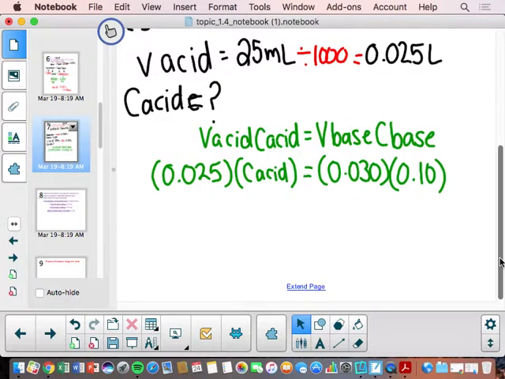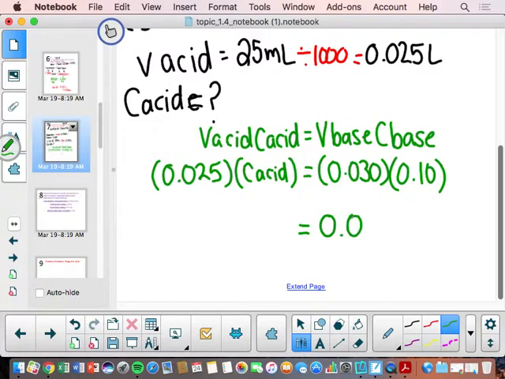So 0.03 multiplied by 0.10. What does it give us? 0.003. And then that's all equal to what's on the left. What do we do?